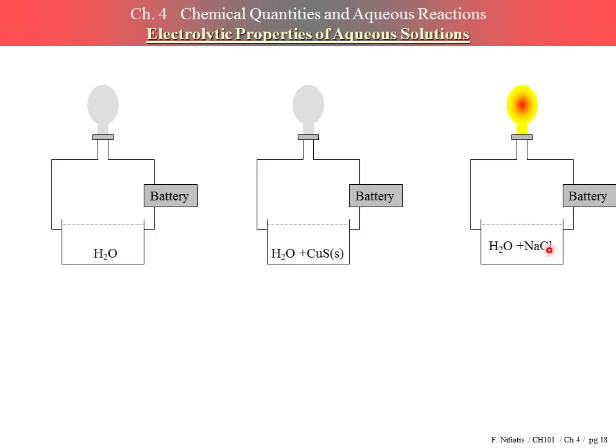It conducts electricity because the solution has charge carriers. Basically, the Na+ and the Cl- assist the electrons to go from one side to the other. What's the take-home message? A solution that has ions is going to be conductive. A solution without ions is not conductive.